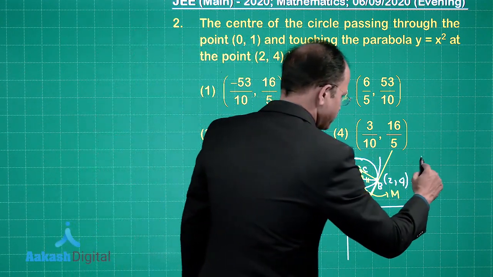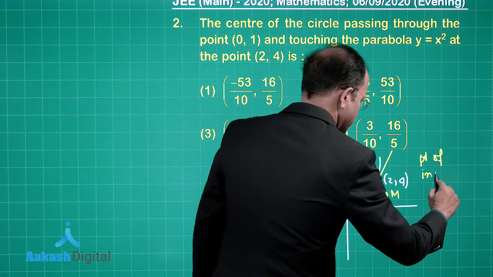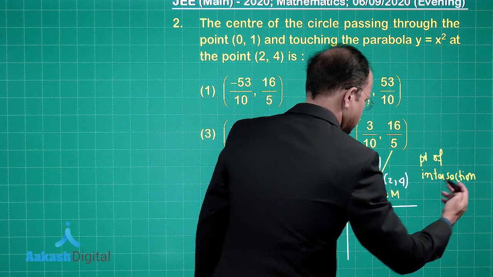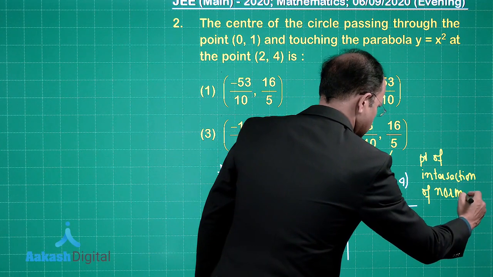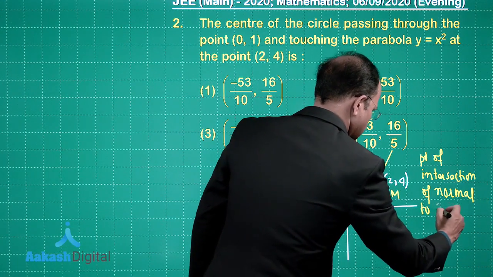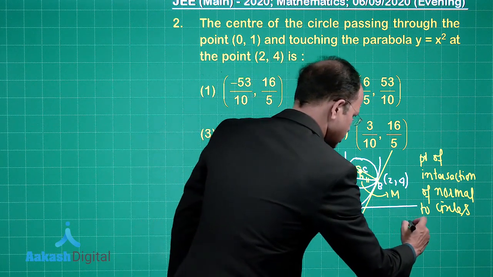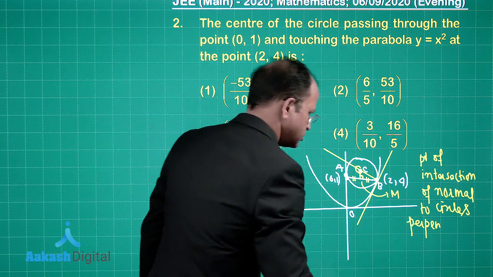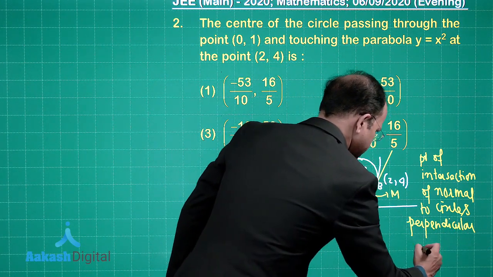So what we have to find is the point of intersection of the normal to the circle and perpendicular bisector.